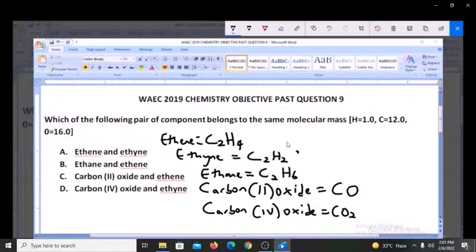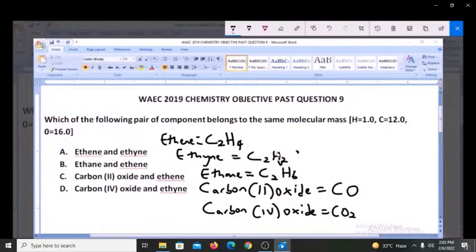So option A is ruled out. And then B is ethane and ethene. Similarly, they both have different numbers of hydrogen atoms. So mathematically it would be impossible for them to have the same molecular mass. So we'll be looking at option C, which is carbon 2 oxide.